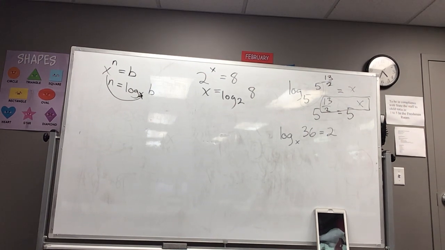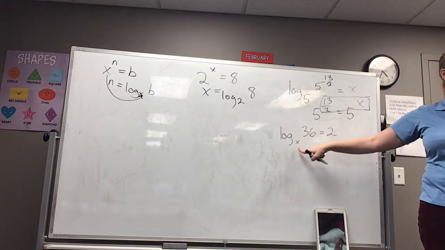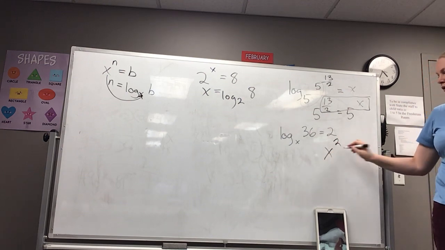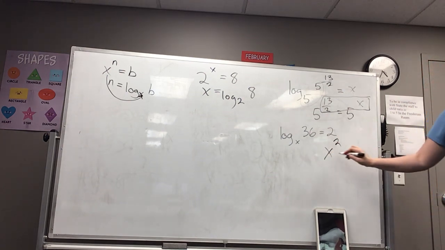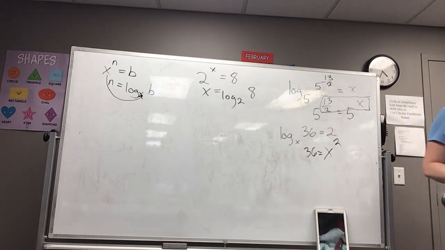The reason I reiterate how to read it, log base x, is that the base goes on the bottom. And so this will be x to the second power is equal to 36.